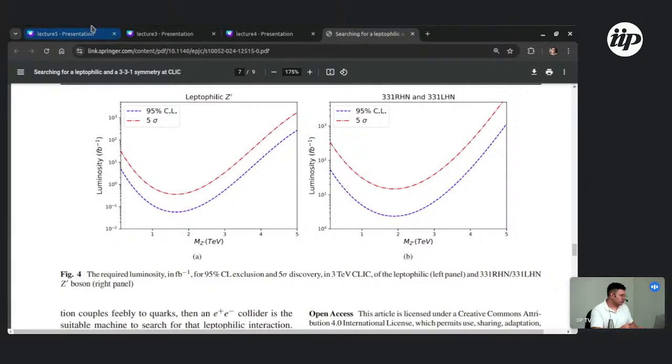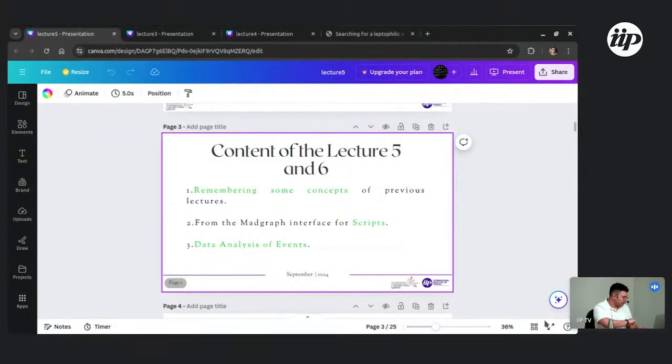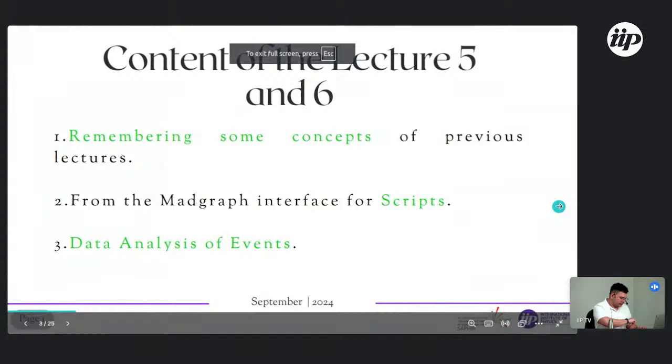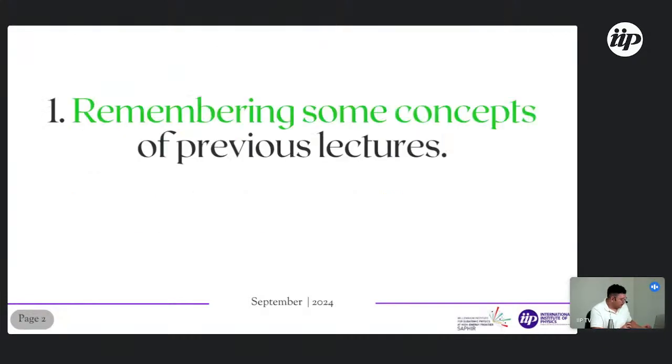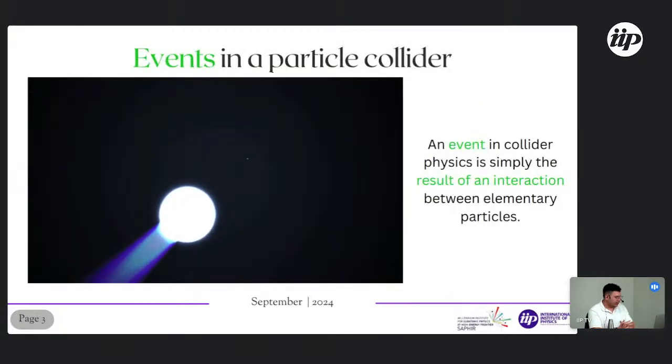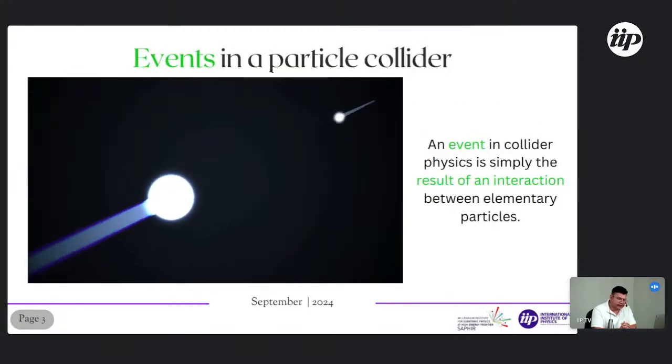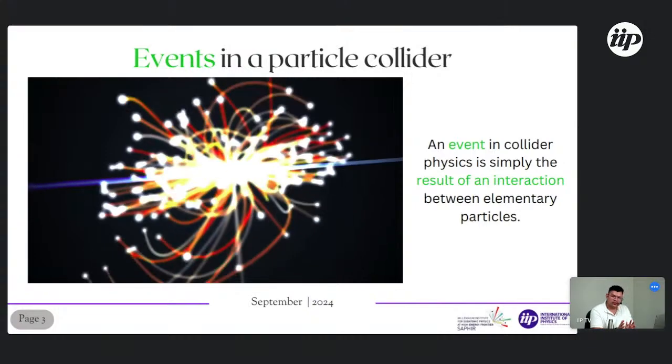Okay, so to do that, we start the second lecture, where we are going to remember some concepts related to the previous lectures. So we start with the first part. Remember, an event in particle physics is any result of an interaction.